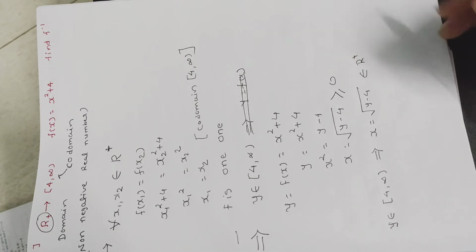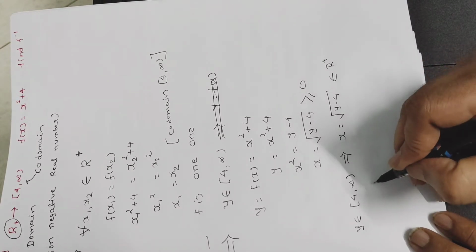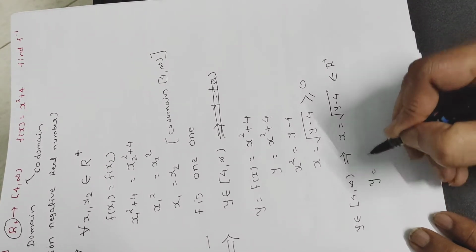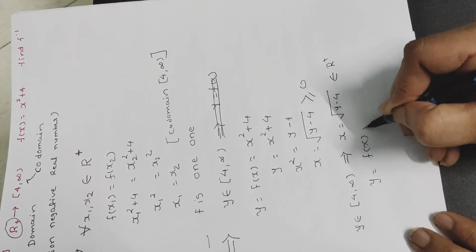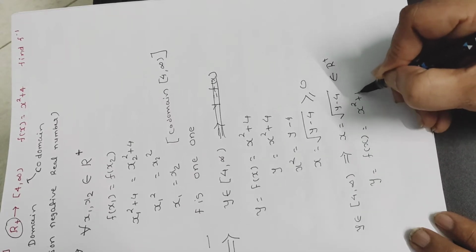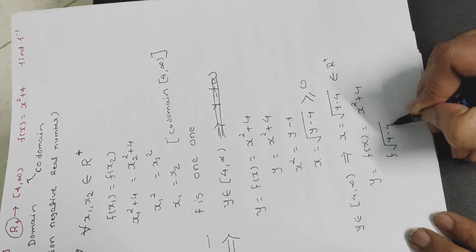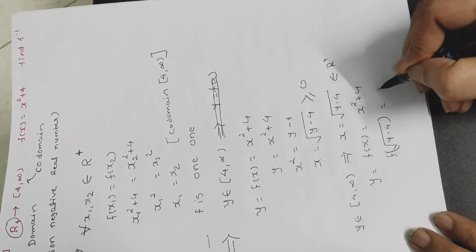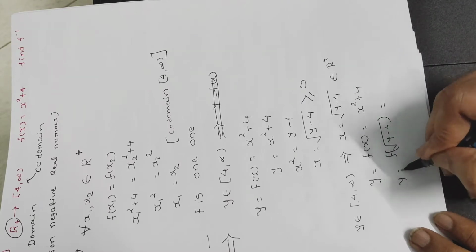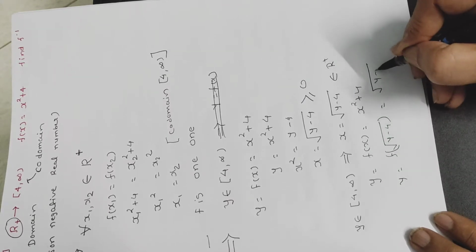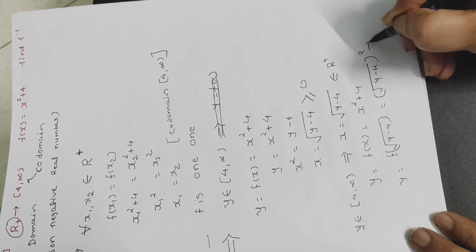Now, to prove onto, y is equal to f(x) is equal to x square plus 4. So f of under root y minus 4 is equal to (under root y minus 4) square plus 4.